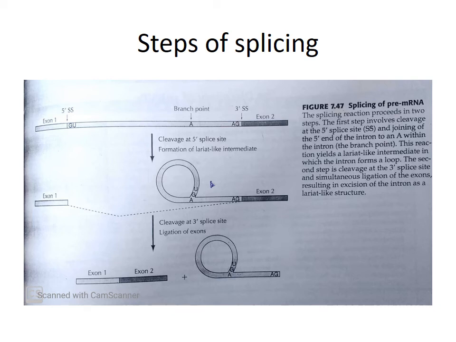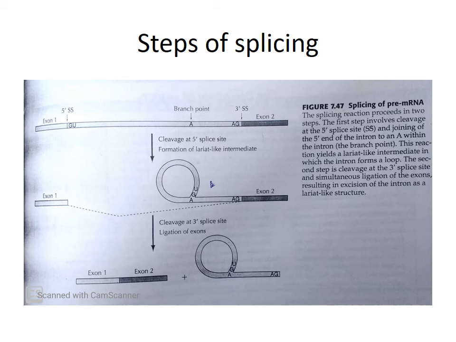And you can easily see that ultimately it leads to the formation of a structure which looks like a lariat. So now we have exon 1 separate, but the intron is still attached to exon 2. We need to break this bond between the intron and exon 2. How can it be broken?